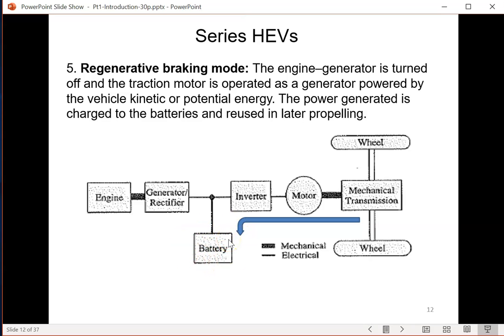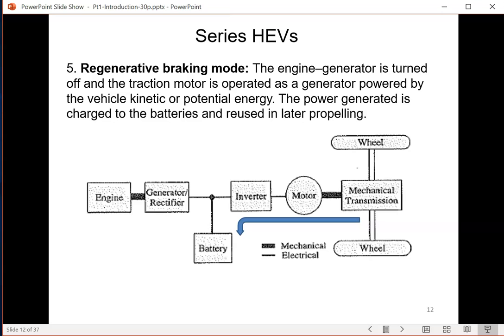That's one of the other reasons why electric vehicles or hybrid electric vehicles are more efficient. Now, in a conventional vehicle, when you brake, you use brake discs and brake pads, and the braking force is provided by the friction between the brake disc and the brake pads.